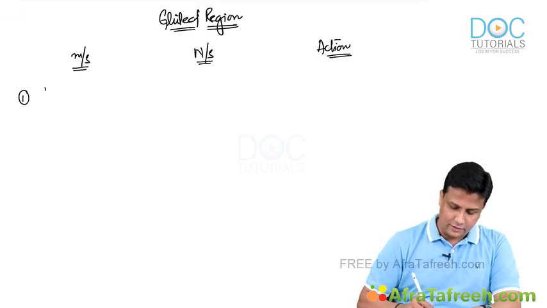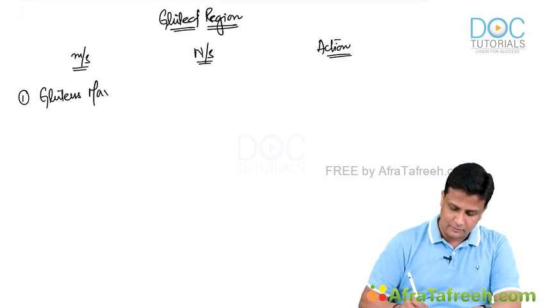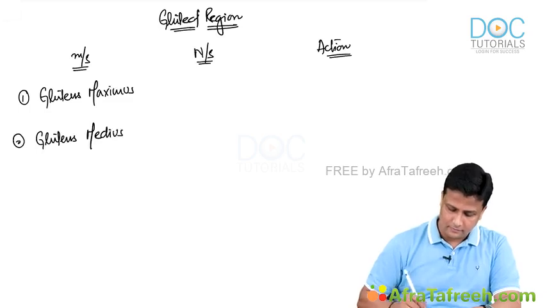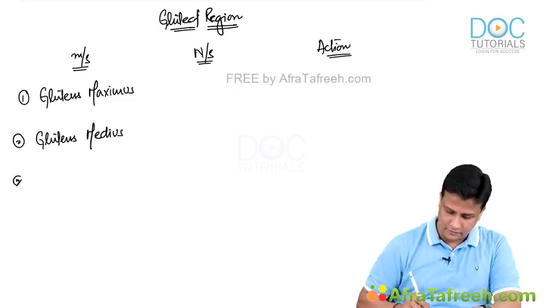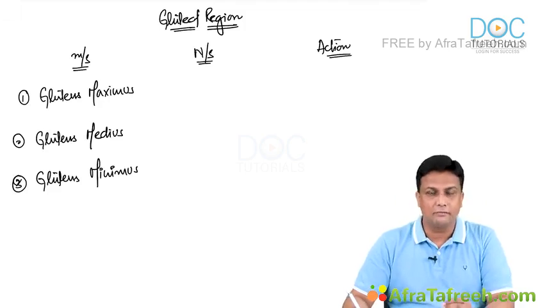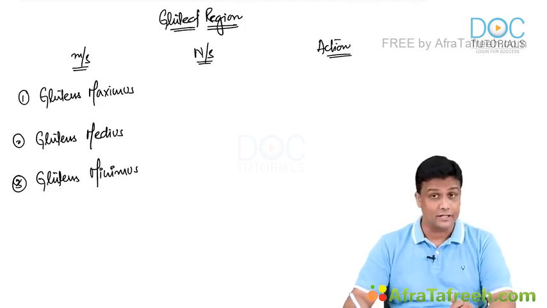First, we are going to learn about the gluteus maximus muscle, then the gluteus medius muscle, and then the third one, the gluteus minimus muscle, guys. So, gluteus maximus, gluteus medius and gluteus minimus. These three muscles we are going to discuss first.